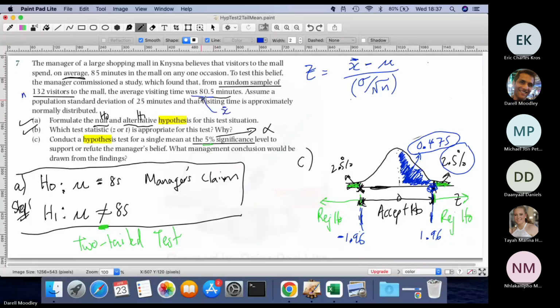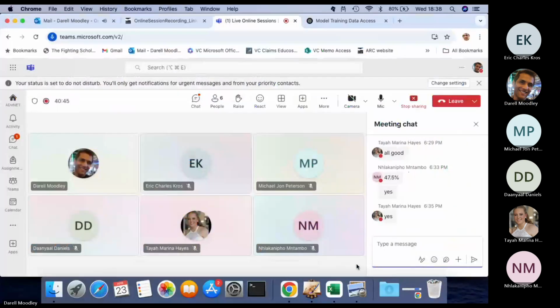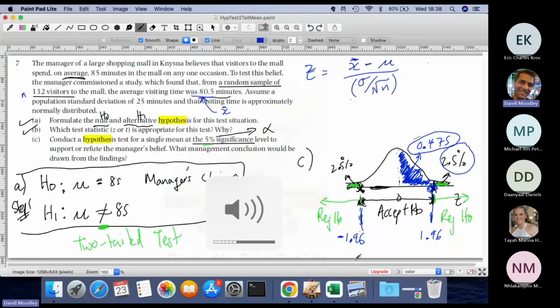Your mu is whatever is in your hypothesis, whatever the claim is, and that's 85. Your sigma, you read the text, it says standard deviation 25. So that's your sigma. So we have our sigma, our n, 132, our X bar and our mu.